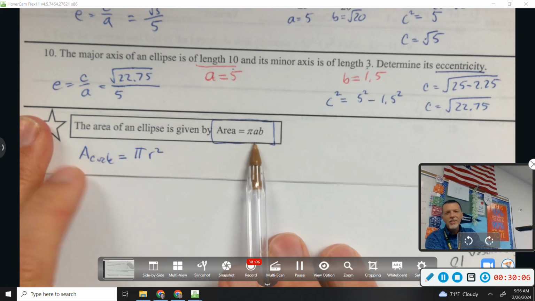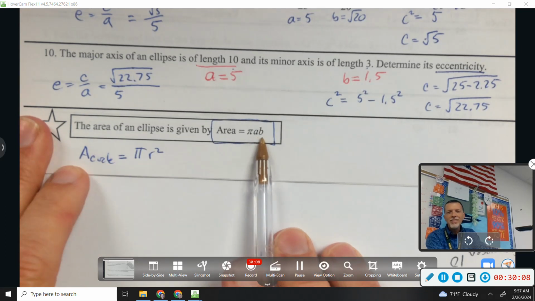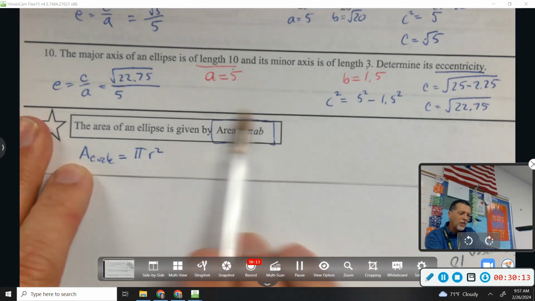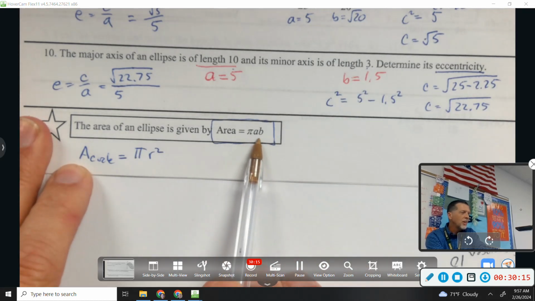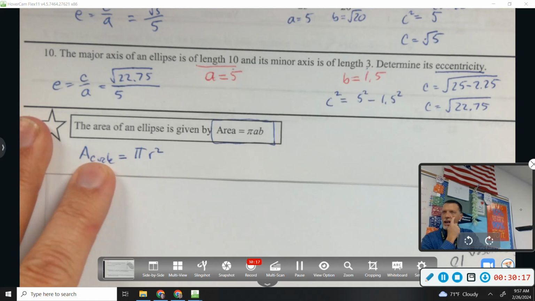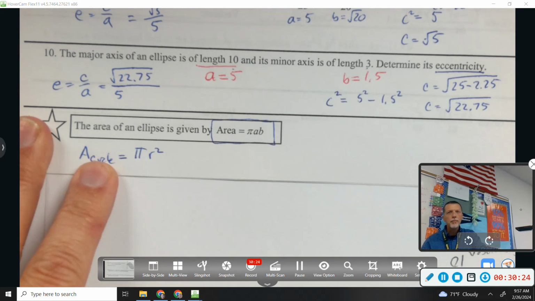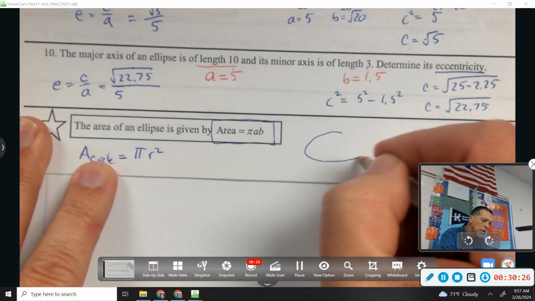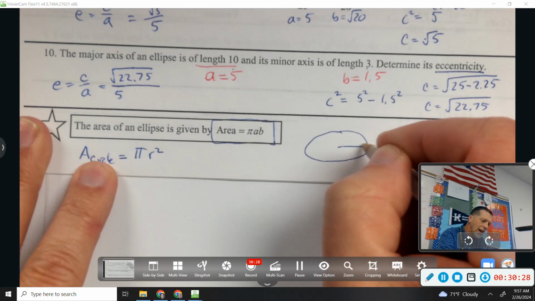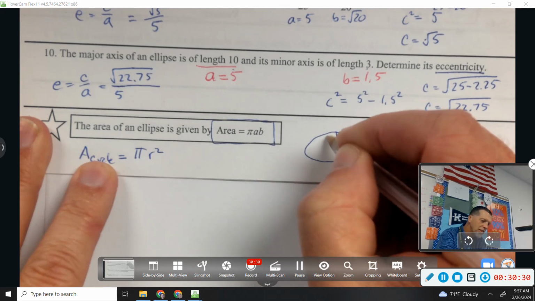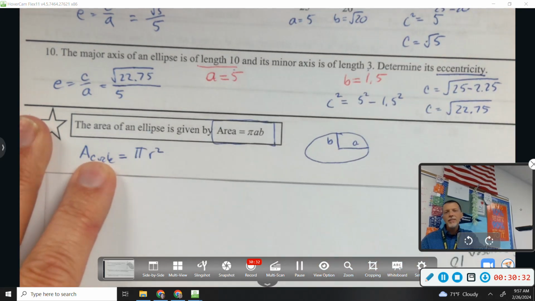So if that idea of having a left-right radius and an up-down radius makes sense to you, then it's easy to know the area, because it's still pi times the two different radii. If that feels weird, then don't worry about it. Just say area equals pi times a times b. But to me, that different radii thing helps make sense of a lot of things. I'm going to go a left and right, b up and down. So it's still pi r squared, sort of.